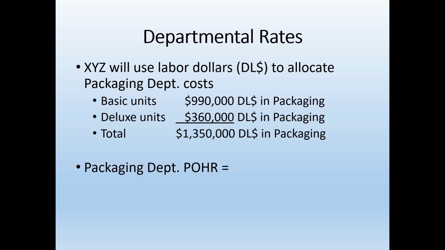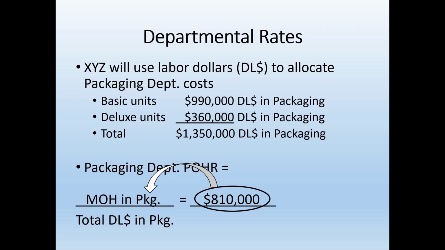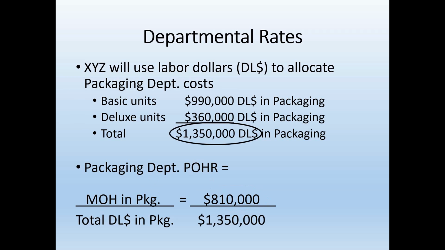Now the firm is ready to compute a predetermined overhead rate for the packaging department by dividing the total manufacturing overhead in the packaging department by the total number of labor dollars in the packaging department. The firm already determined how much manufacturing overhead belonged to the packaging department. And we just figured out how many labor dollars were used in the packaging department.